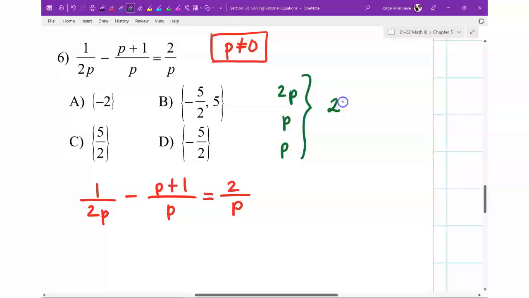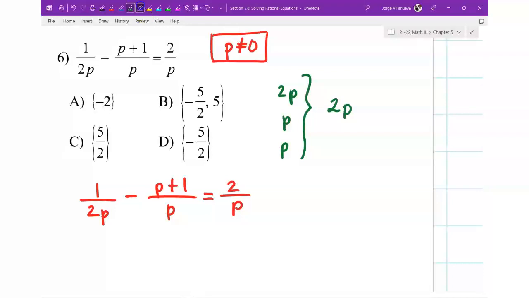I know they don't all have a 2, but remember, the key is list all the numbers that are there. They have to be different, though. If there was a 2, and a 2, don't write it 3 times, just once. Okay? But there's only a 2 there, so I'm going to write a 2. The letter p is my next one. What's the highest power that we see for the letter p? First power, so then just 2p. That's my least common denominator.